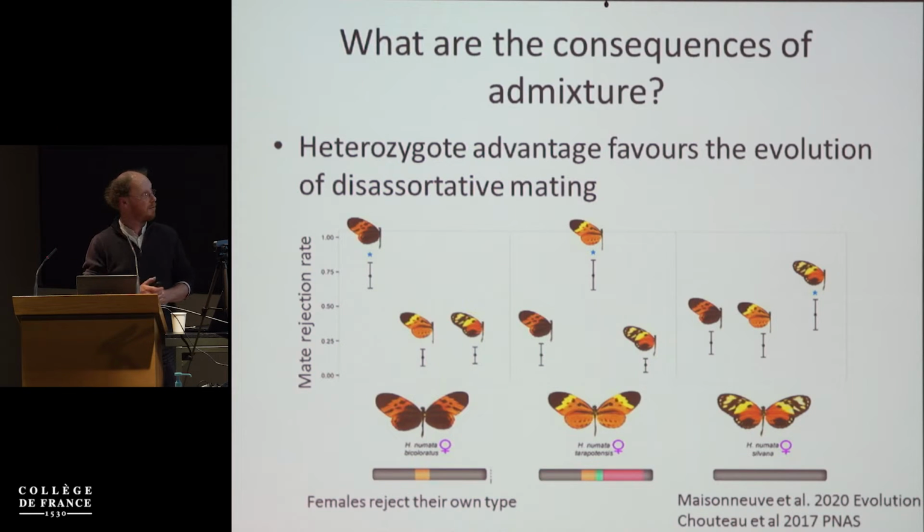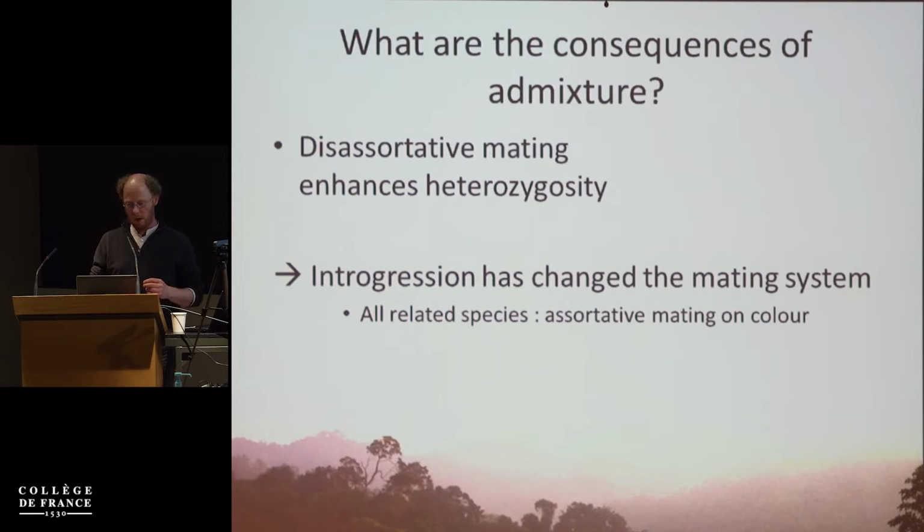Well, this is great for us because it explains what actually maintains the polymorphism, and it's also a predicted evolution, it accords with theory in the case of a heterozygote advantage. So disassortative mating enhances heterozygosity, and therefore the introgression of this haplotype has changed the mating system.